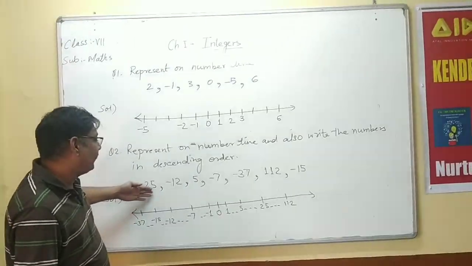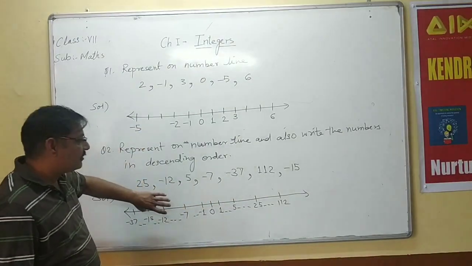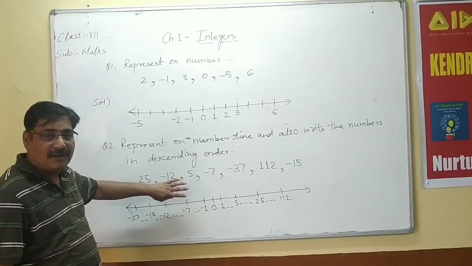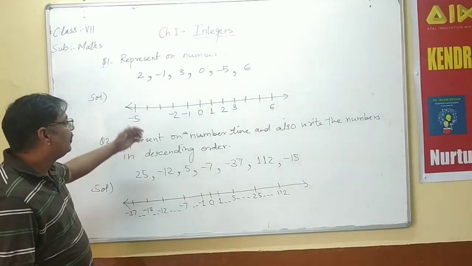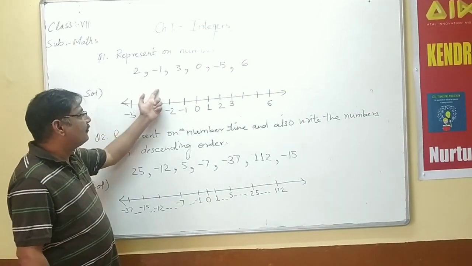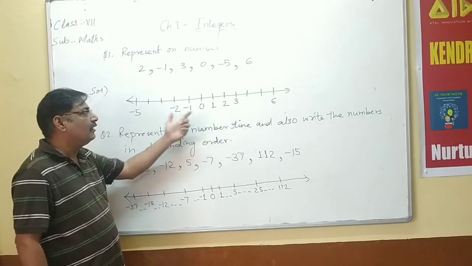So you can see we can represent integers on a number line like this. We can compare the integers, which one is greater, which one is smaller. Once again, when we move from left to right on the number line, the value of the number increases.